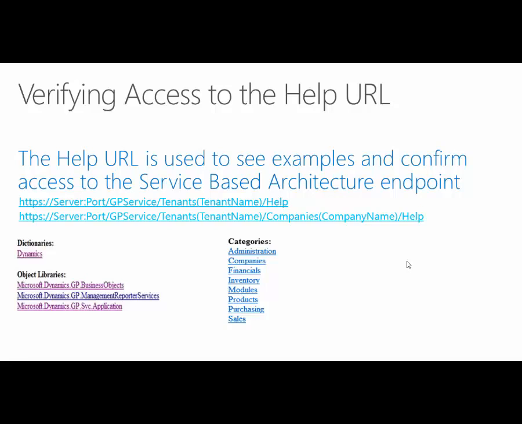Once again, when we look in that help URL, it's going to give me my four HTTP request types at most. A get will retrieve a list of items or information on a specific item. A post would allow me to create an item. A patch allows me to update an item.